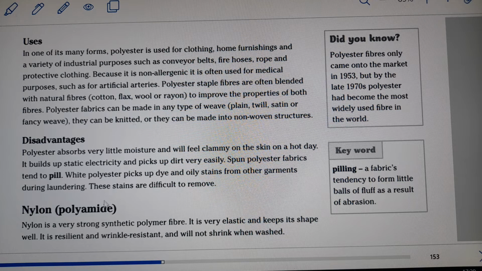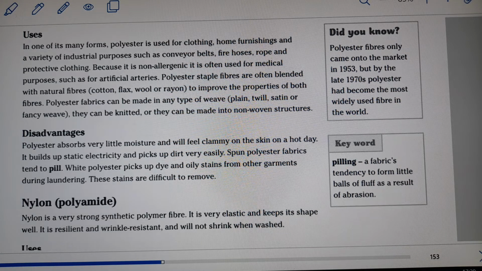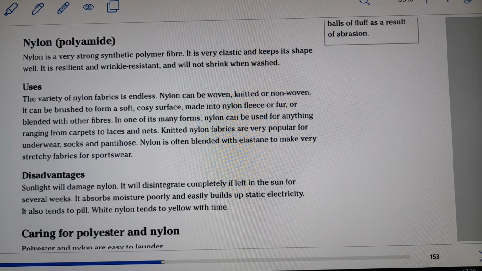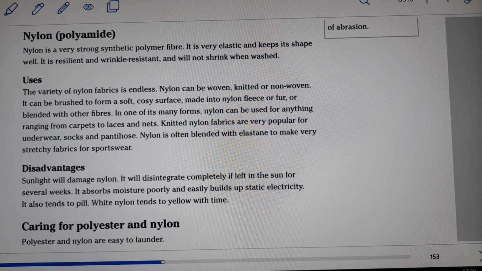Then let's look at nylon as the second example of synthetic fabrics or fibers. This is a description and the property. Nylon is a very strong synthetic polymer fiber. It is very elastic. This is a property.